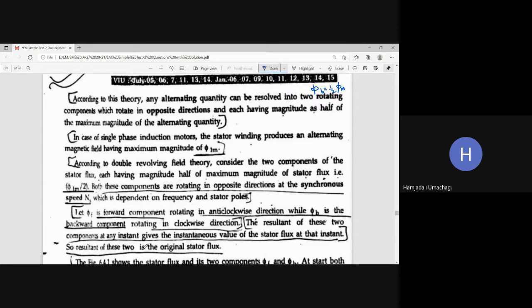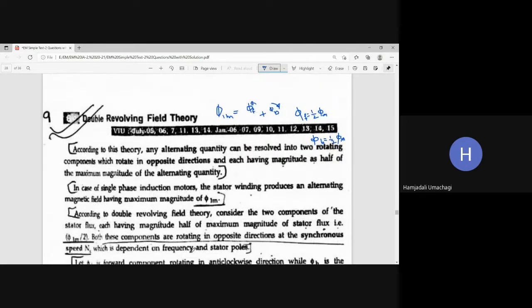So if we take the resultant of the forward flux phi f, rotating with speed ns in the anti-clockwise direction, and the backward flux phi b, rotating in the clockwise direction, it gives us the resultant instantaneous value of the stator flux at that instant of time.